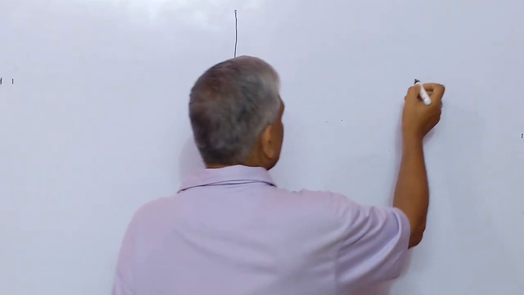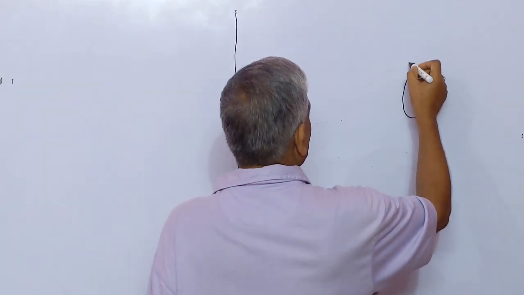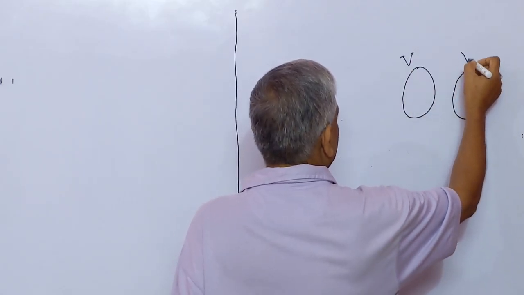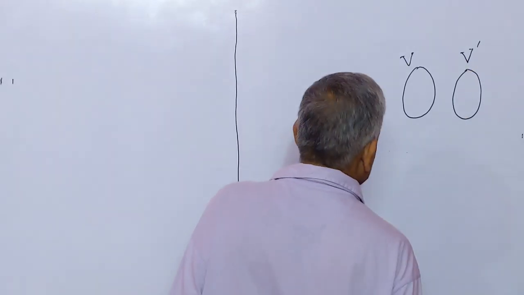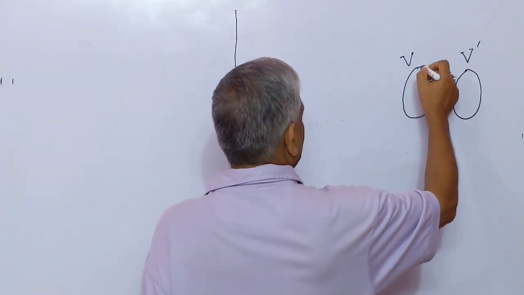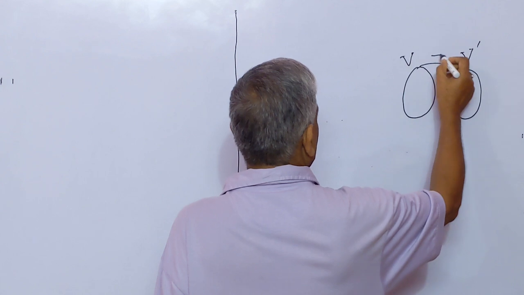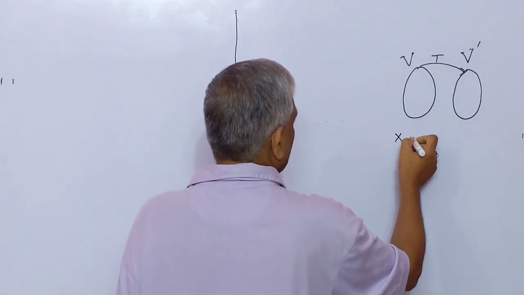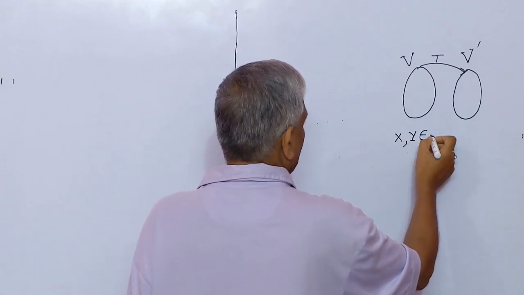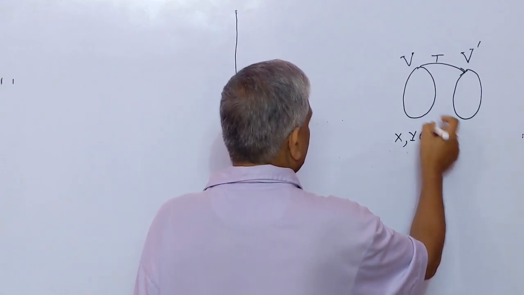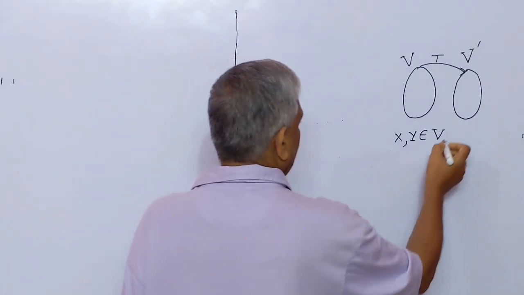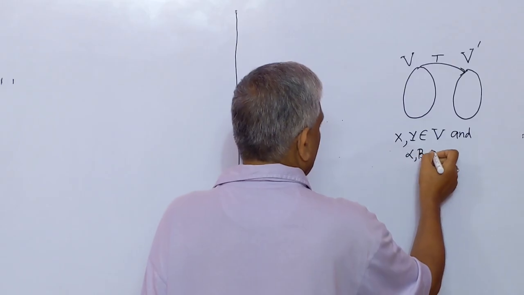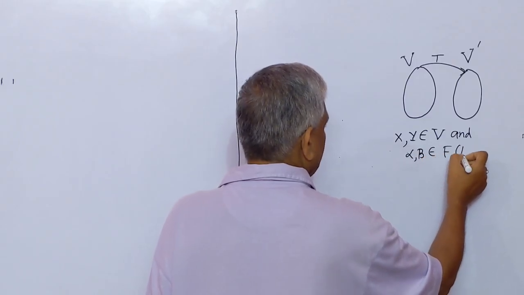Let V and V prime be two vector spaces and T be a mapping such that X, Y belong to vector space V, the domain, and alpha, beta belong to F, a field.